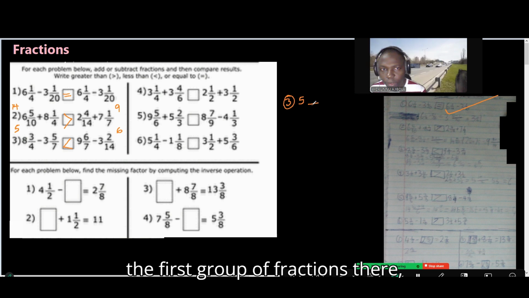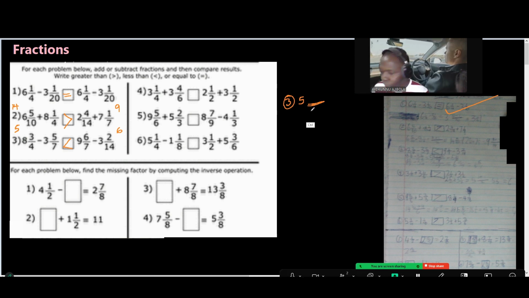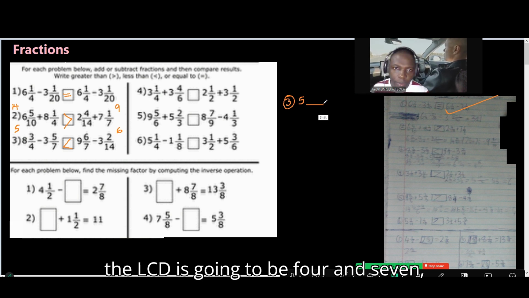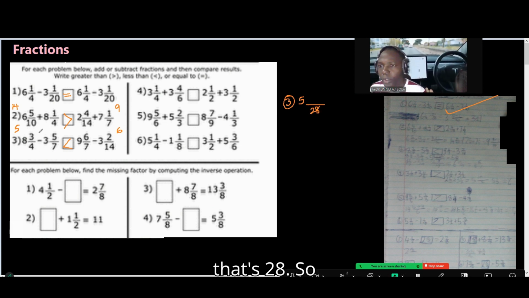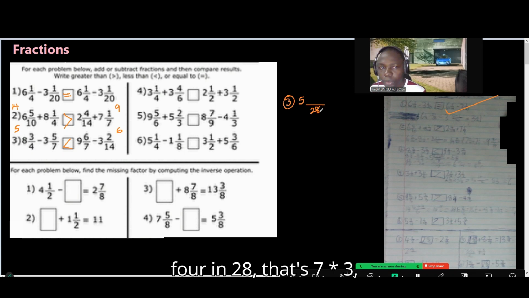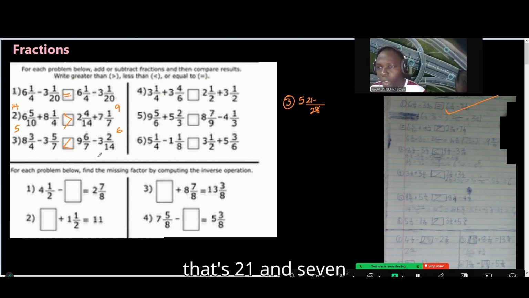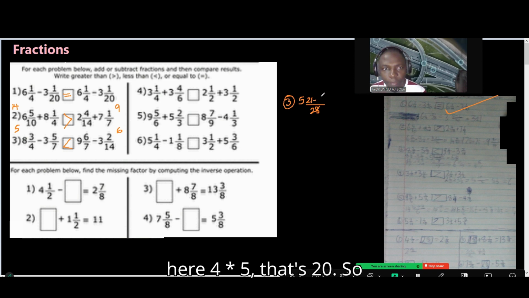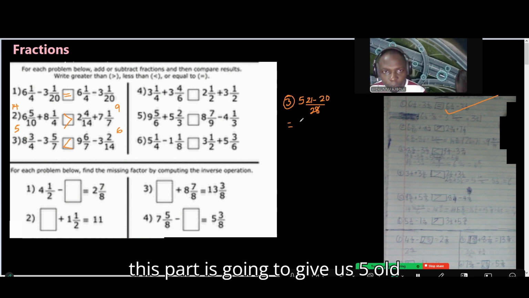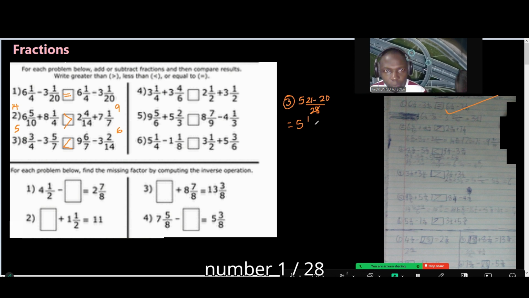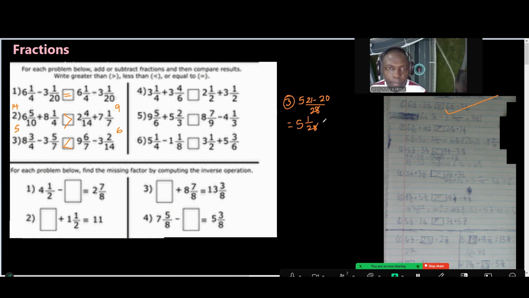Then the LCD of the first group of the fractions there is going to be 4 and 7, that's 28. So 4 in 28, that's 7 times 3, that's 21. And 7 here, 4 times 5, that's 20. So this part is going to give us 5 whole number 1 over 28.